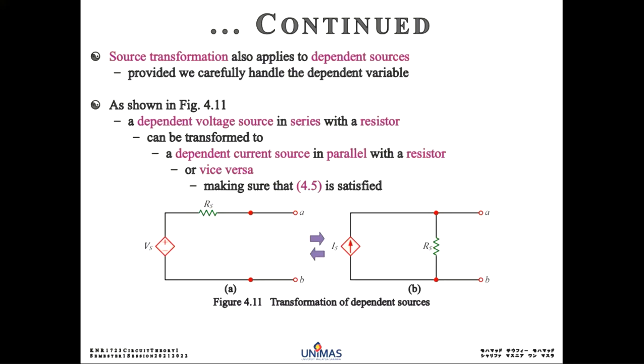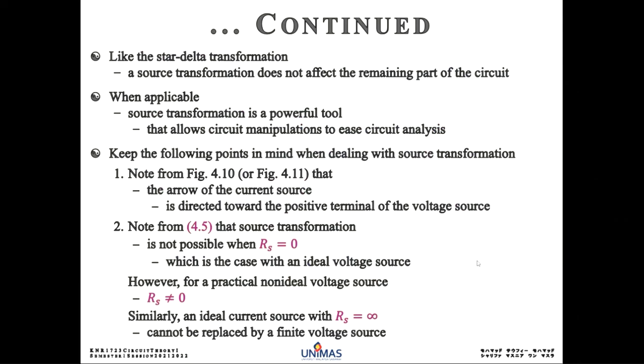Sama juga kalau you ada independent voltage source or current source, it can also be transformed the same theory. Okay. Dependent voltage source in series with resistor, dependent current source in parallel with a resistor. Okay. So all this one theory tak payahlah, saya tak explain apa ni.